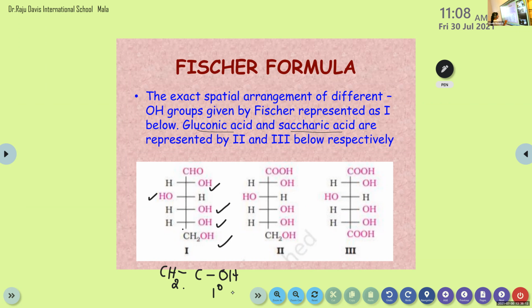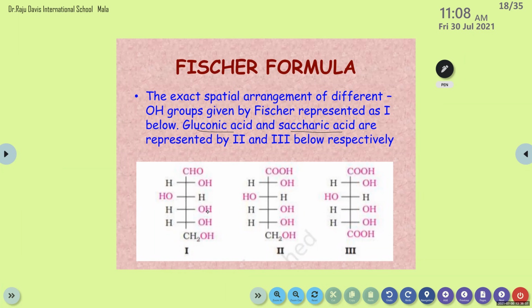Here in the case of OH, there is only one other carbon atom attached to the same carbon. So all these hydroxyl groups are primary alcoholic groups. Based on all these details, he formulated the configuration of this glucose.